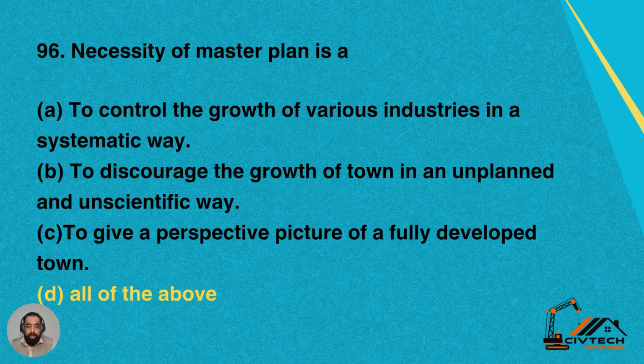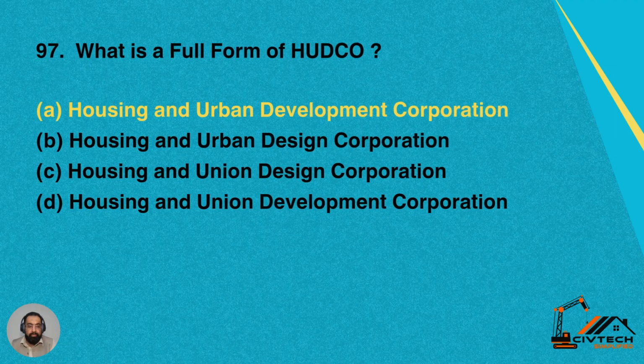B, to discourage the growth of town in an unplanned or unscientific manner. C, to give a perspective picture of fully developed town. D, all of the above. So all these options are correct and all these parameters are considered during the master planning of a town. So option D is correct, which is all of the above.